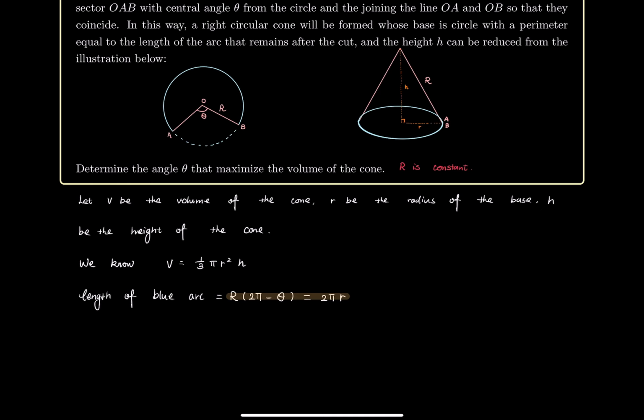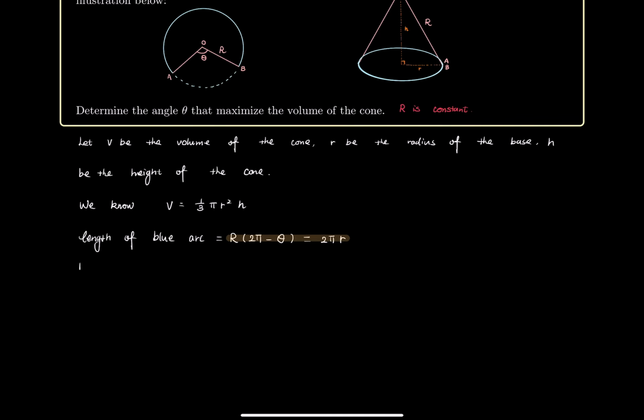So also by Pythagorean theorem, we have R squared equals small r squared plus h squared, which means my h, because I need an h here, is just the square root of big R squared minus small r squared. Okay, so let's highlight this one as well.